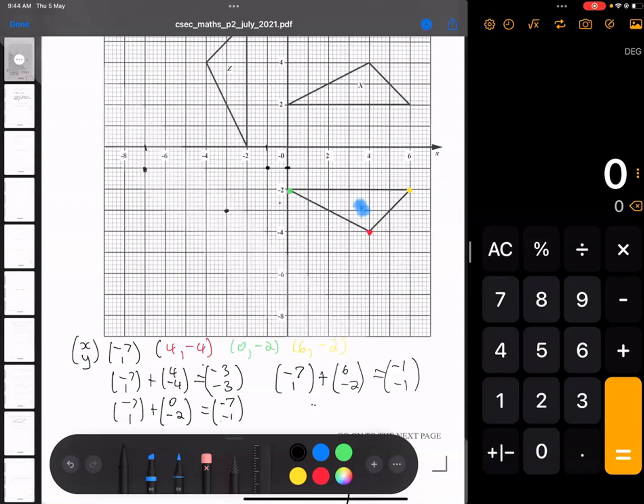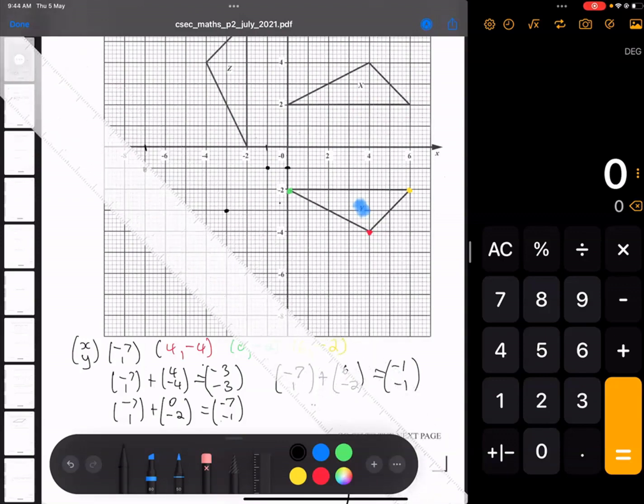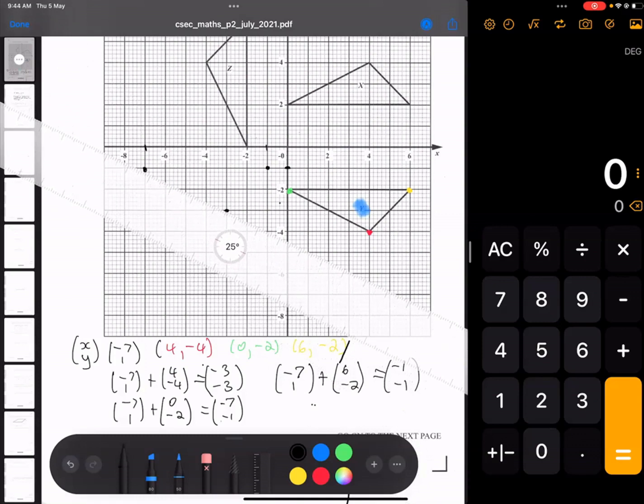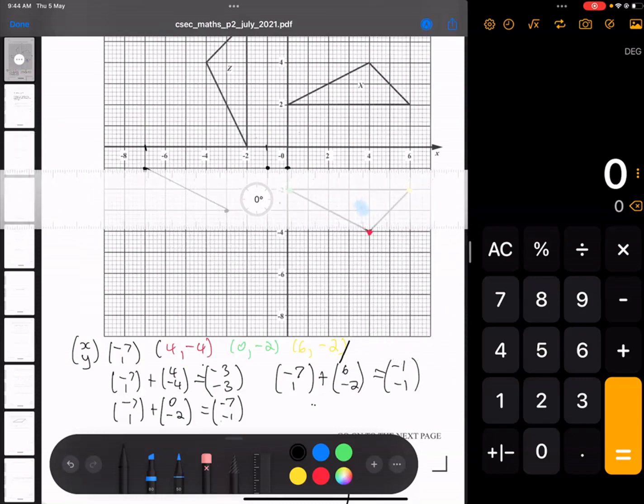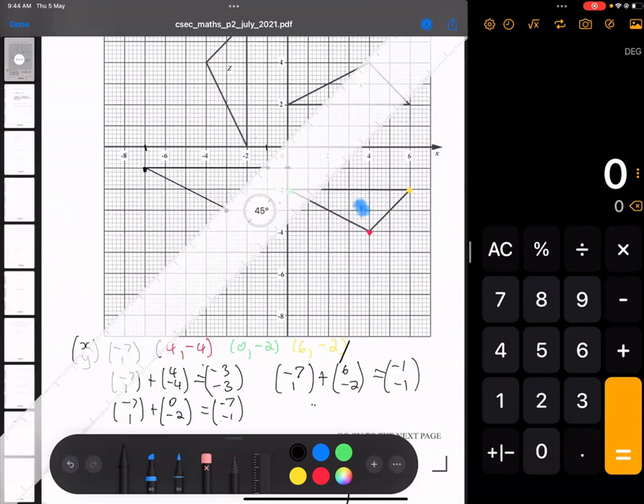So using a ruler, so our line is straight, we draw a straight line from each point. And then that would be our triangle.